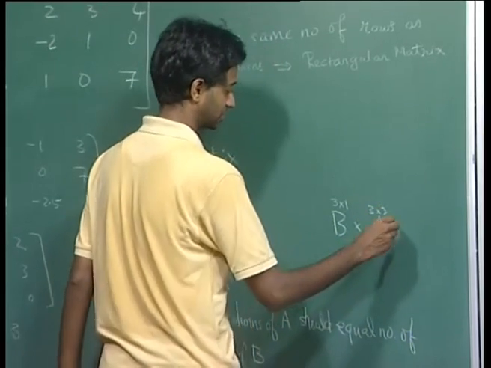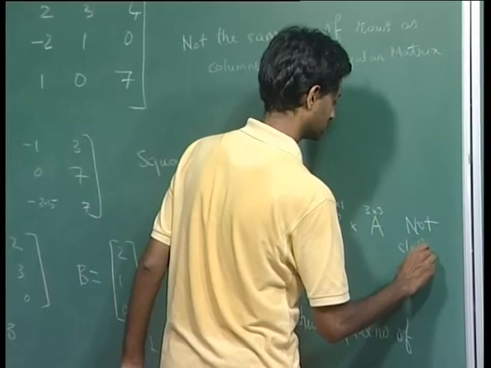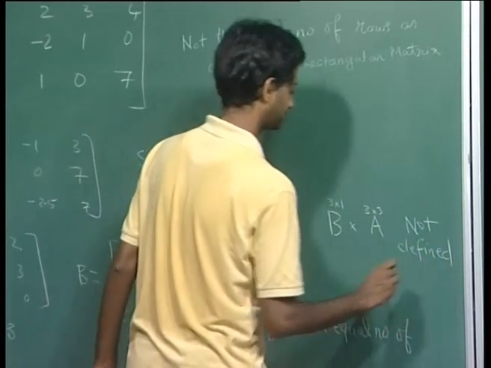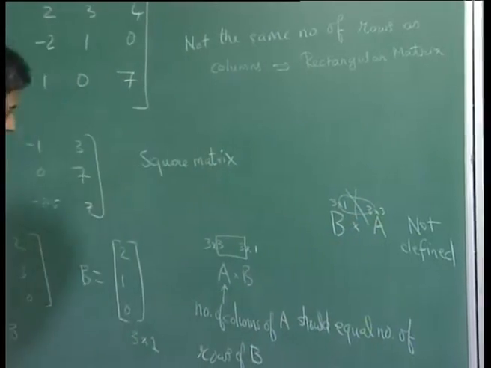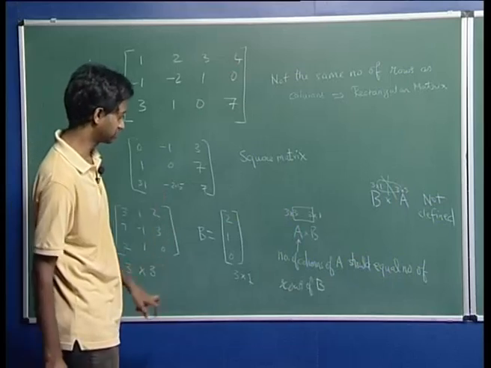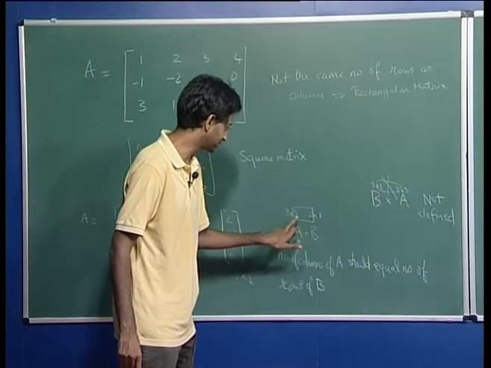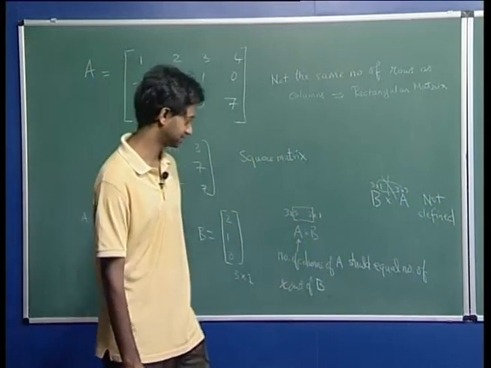So, this is not defined, okay, because these two are not equal. Okay. So whenever you want to multiply two matrices, you should always check to make sure that the number of columns of the first matrix is equal to the number of rows of the second matrix.